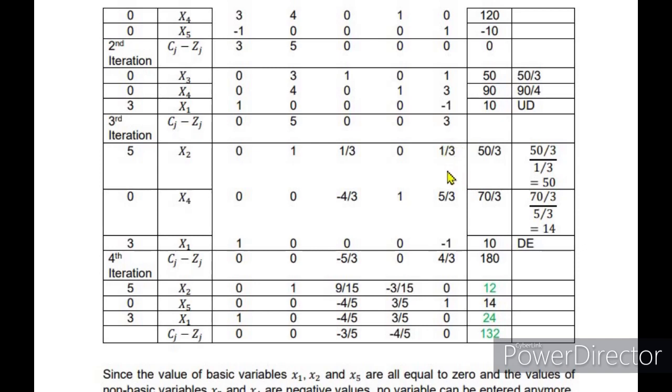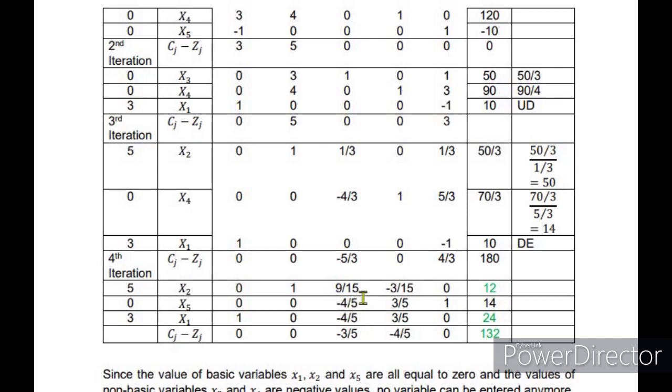So 1/3 minus 1/3 is equal to 0. Okay, so you will do that for the rest. Since this is 0, just copy paste the original ones. So 0 and 1. Now here, negative 4/5 times 1/3 is equal to negative 4/15. So we will subtract it from the original value, which is 1/3.